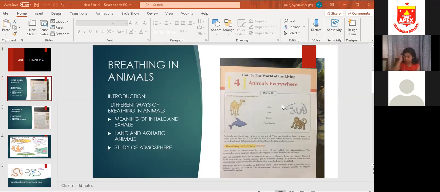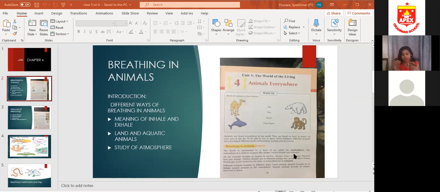Which gas do we breathe in? Oxygen. So what does oxygen help us to do? Oxygen helps us to survive. Oxygen helps in breathing. This gas is breathed by human beings as well as by animals. All the animals breathe in oxygen to survive.